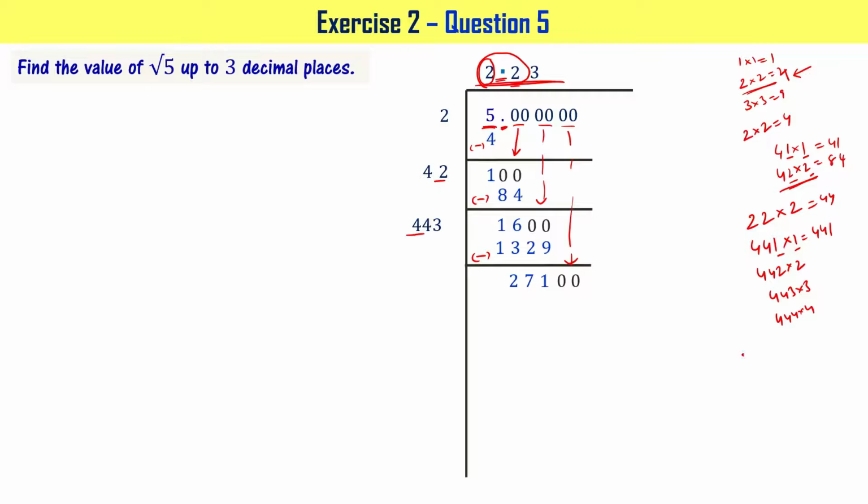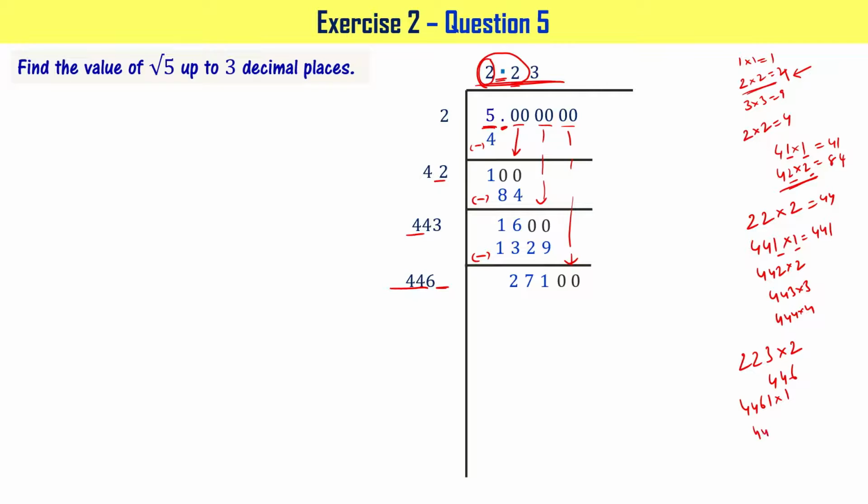Now look at this. You have 2, 2, 3, right? Let me multiply that with 2. What is it going to be? 446, right? Let me write that 446 here. Okay. Now I have to find which digit works for me. For example, I can say 4461 times 1.